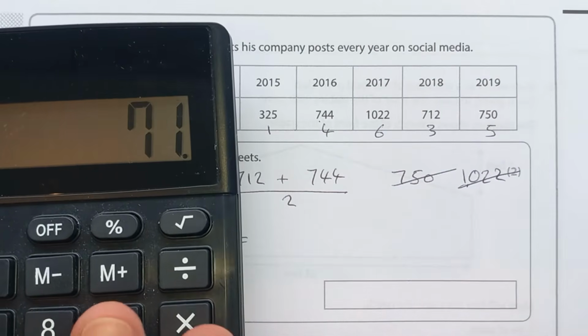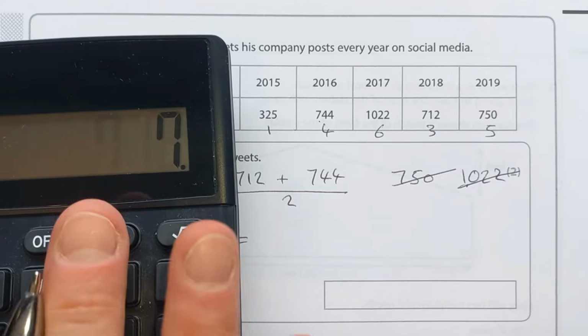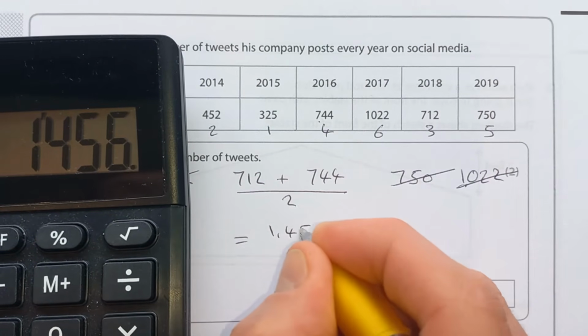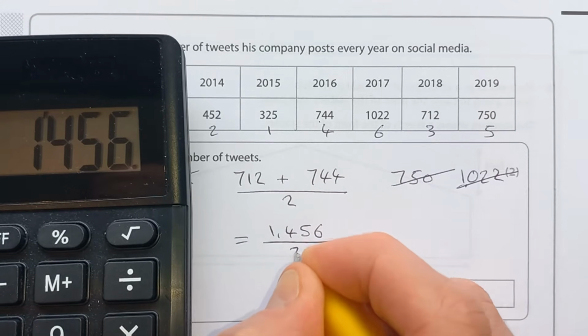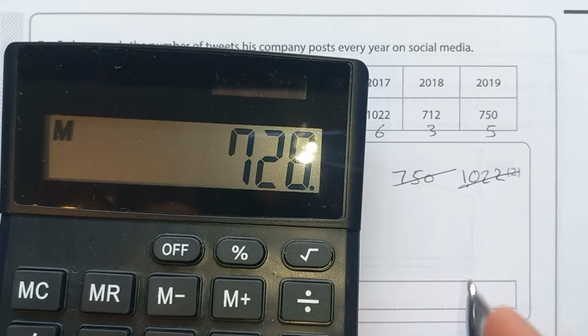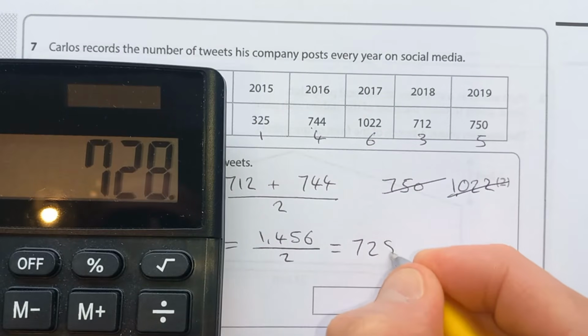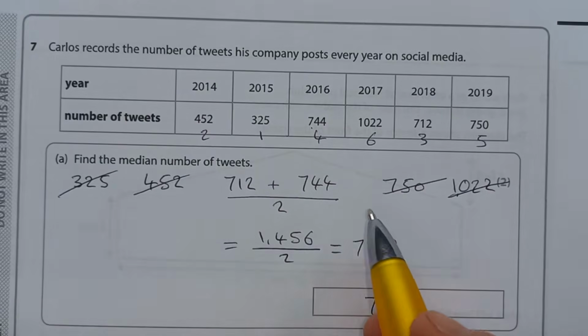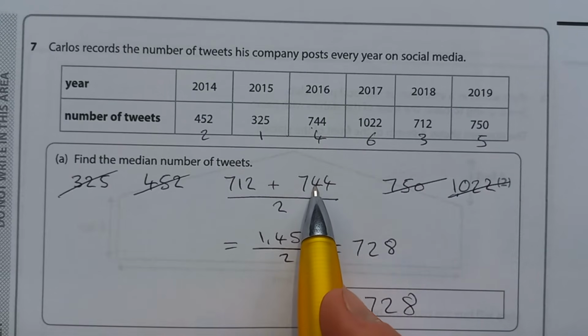So we've got 712 plus 744, which gives us 1,456, and then we're dividing that by 2. And that gives us 728. And a nice check is, it should be between these 2 numbers, which is correct.